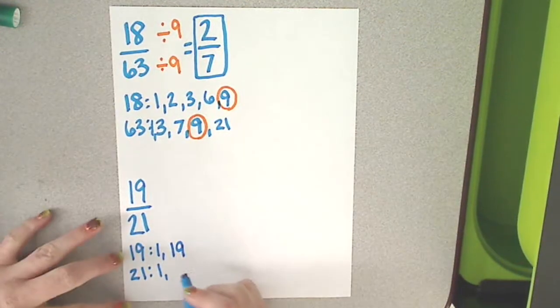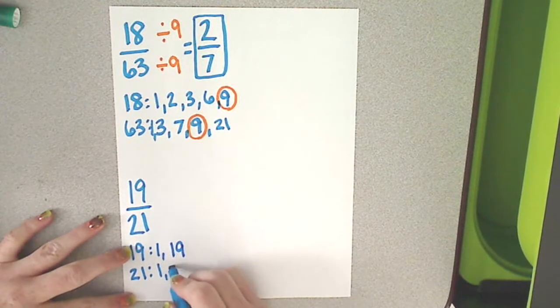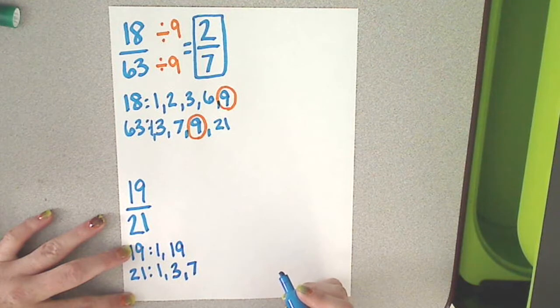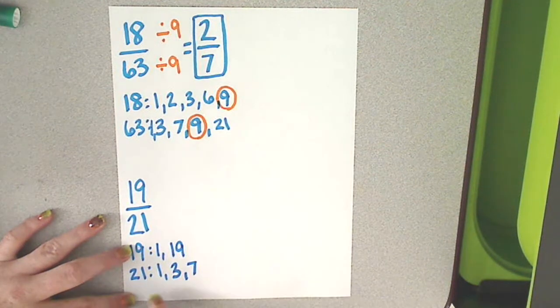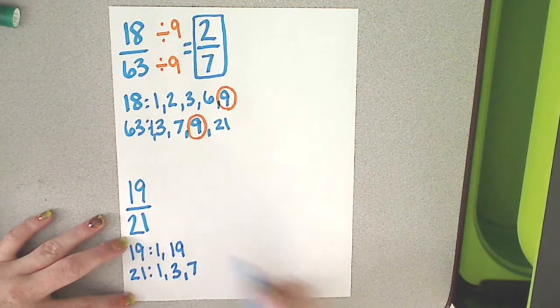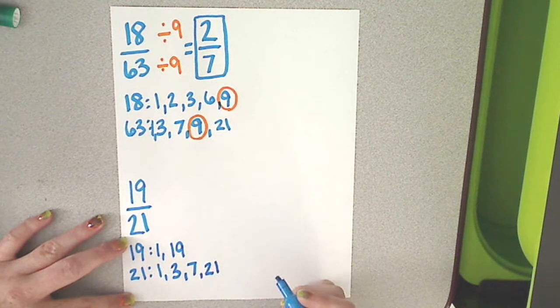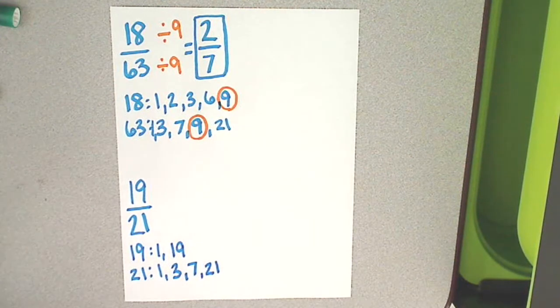I know that I cannot multiply 2 by anything, but 3 times 7 does equal 21. So I have the factors of 1, 3, and 7. And just for kicks, we can add the 21 on the end. Okay? So again, we need to find the greatest number that they have in common to simplify them.